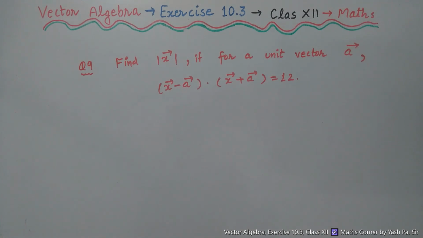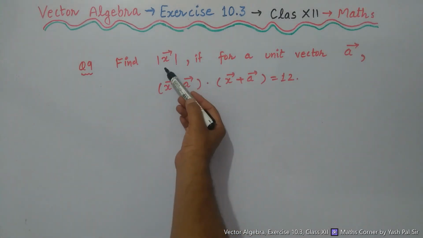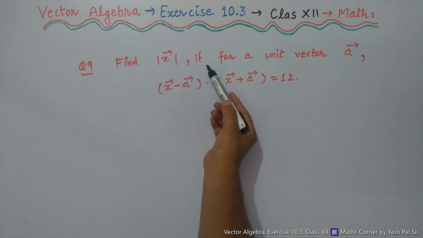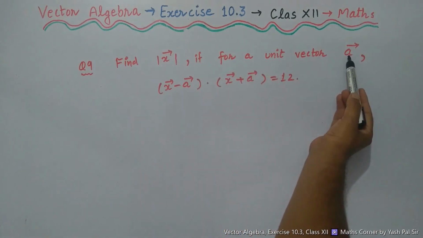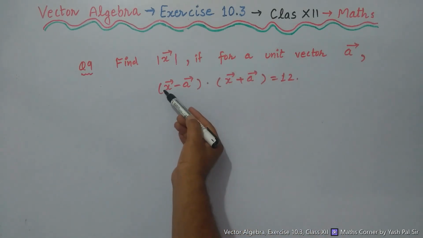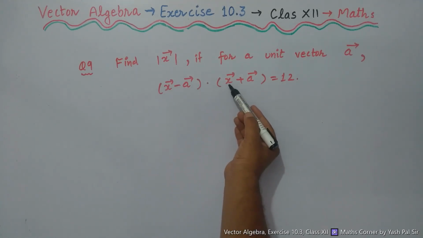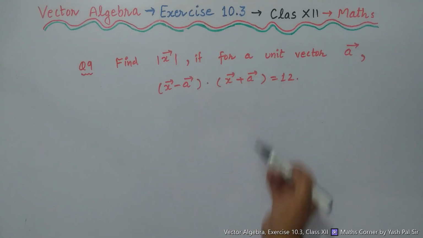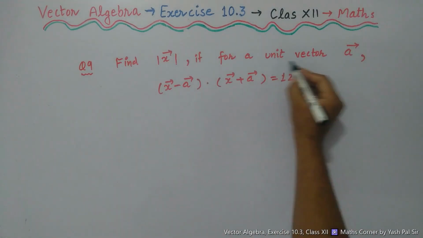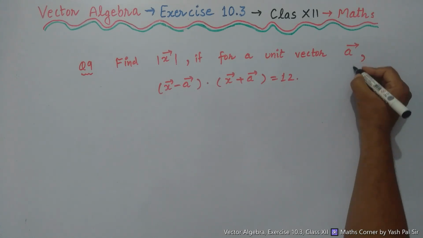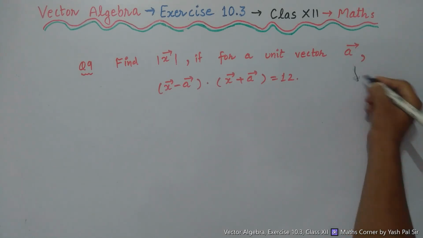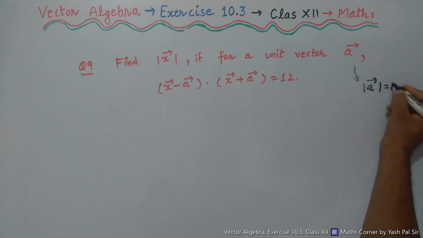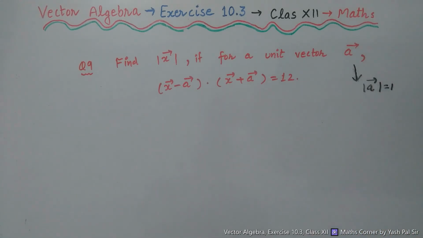Question number 9. Find magnitude of vector x if for a unit vector A, dot product of vector (x minus A) and vector (x plus A) is equal to 12. So unit vector A implies that magnitude of vector A is equal to 1, right?